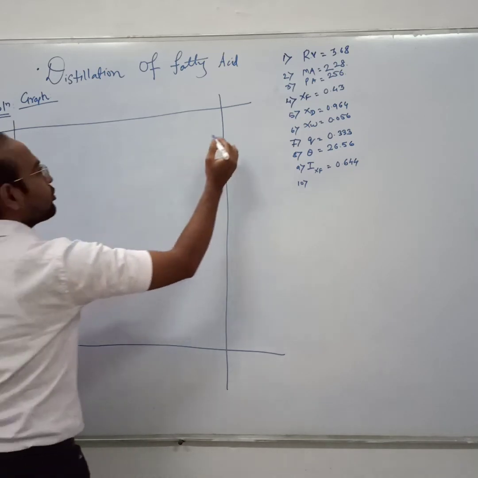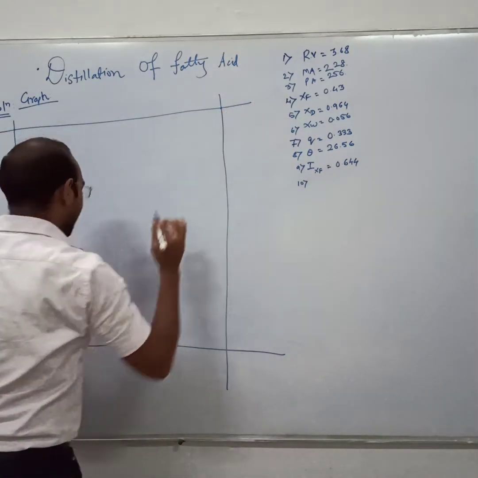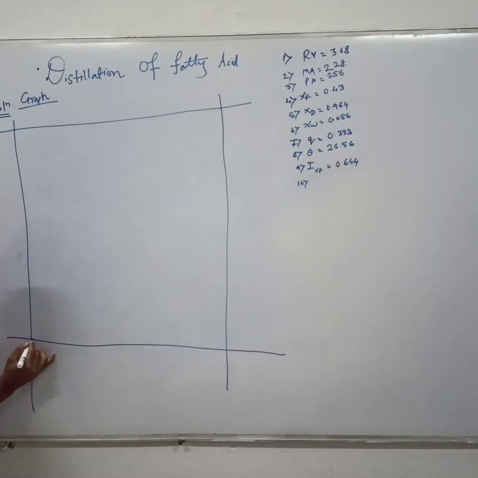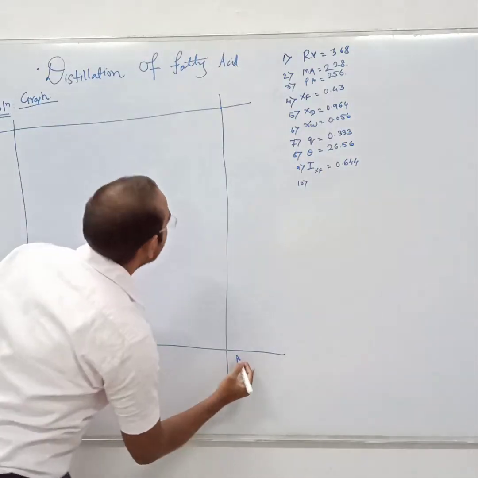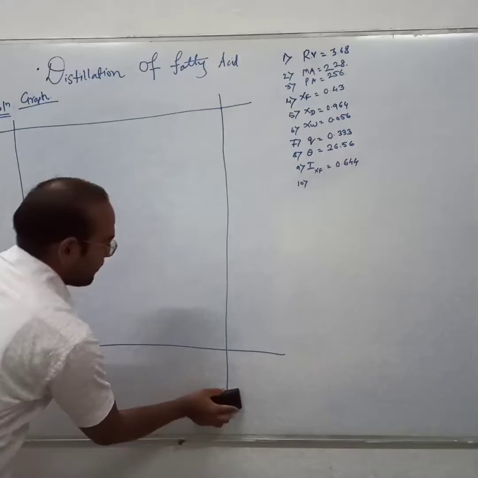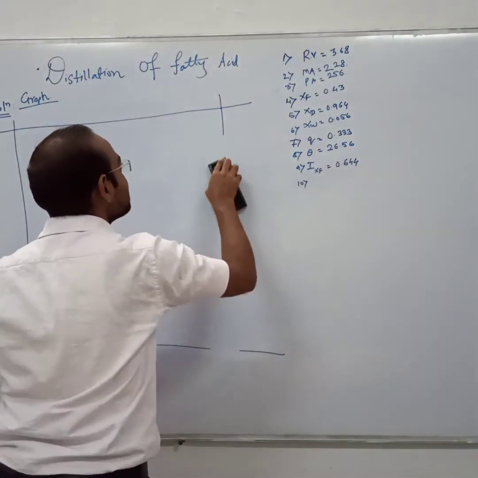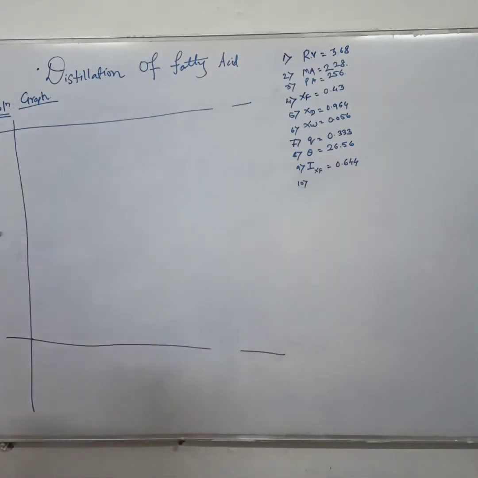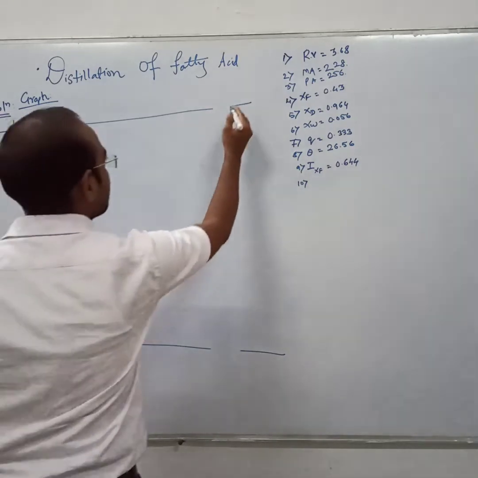It's really difficult for me to find out the number of plates on this whiteboard, what actually you are getting on your graph page. I will try my best.